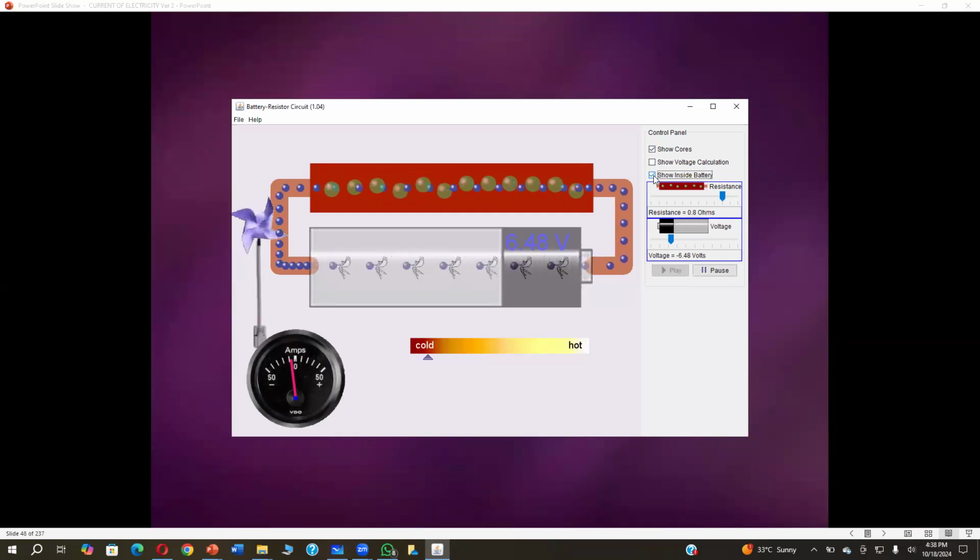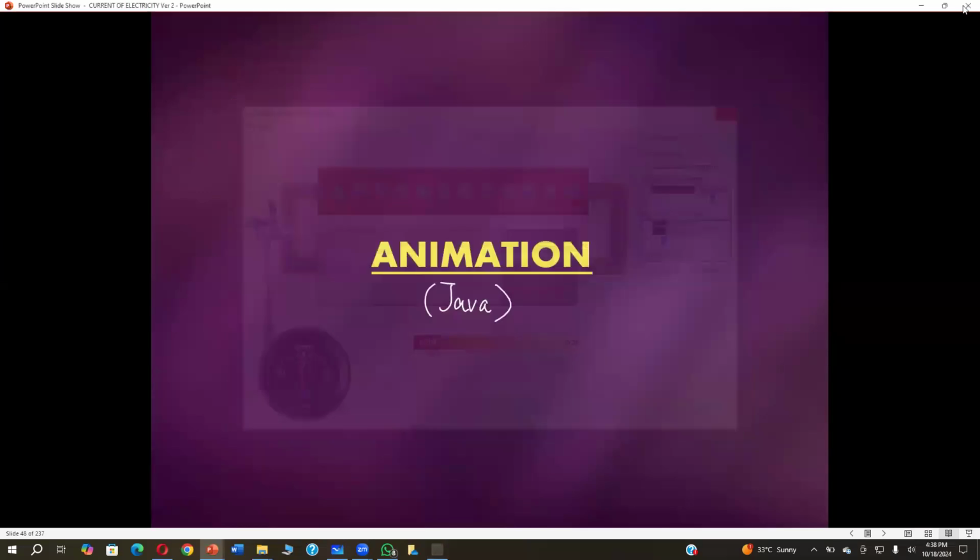These electrons get exhausted, they go inside the battery, they get charged again, they take up energy, and they come out with the energy and go for the next round.